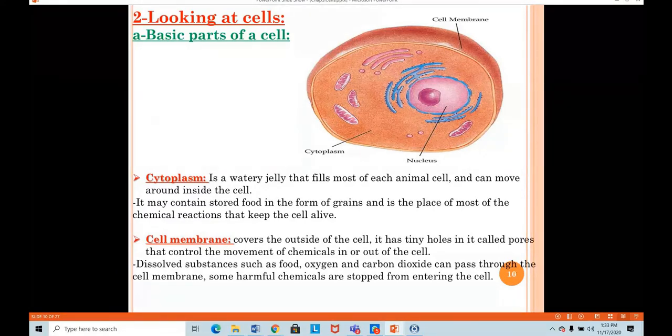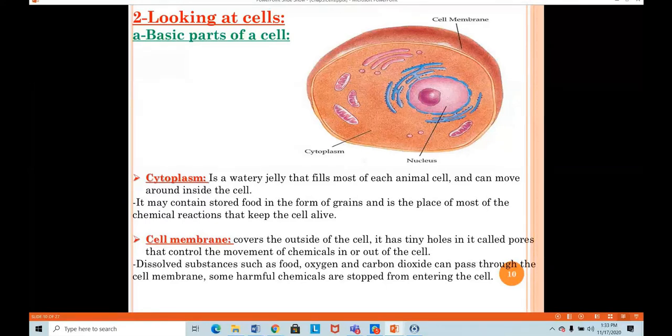So most of the chemical reactions that keep the cell alive take place in the cytoplasm. The cytoplasm is a jelly-like substance which holds the organelles in place. It can also move, and it can contain stored food in the form of grains; if it is a plant cell, it is in the form of starch.